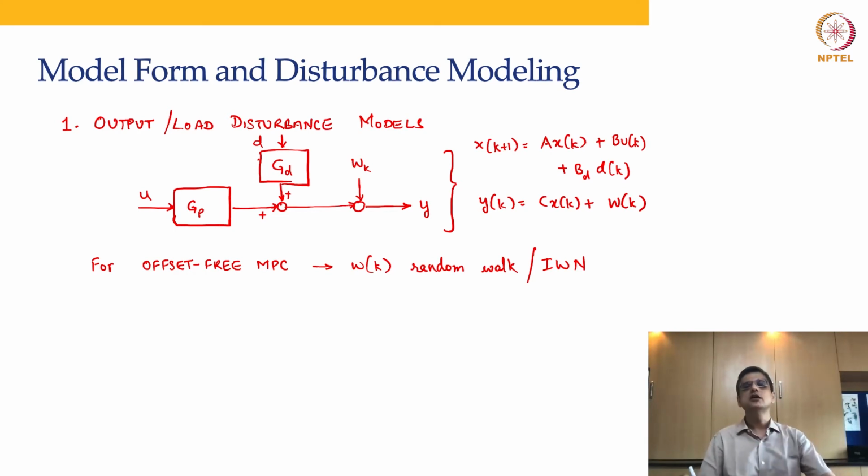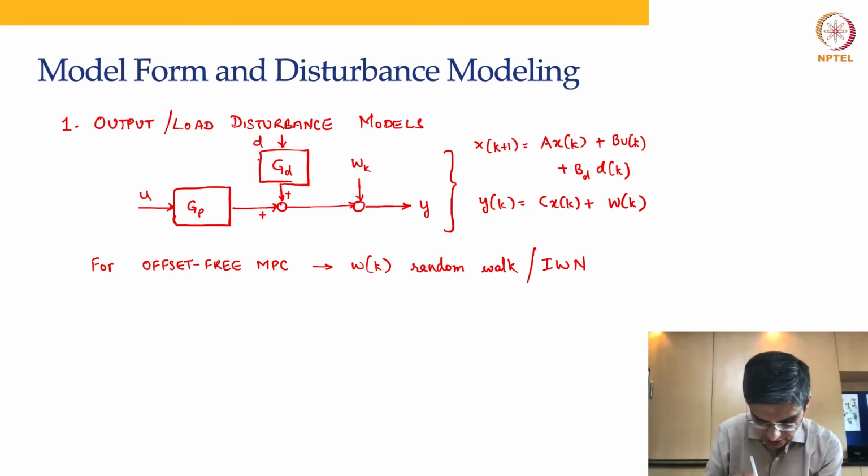So that is the genesis of how we started attacking problems like this. Okay, now one of the issues with using a load disturbance model is that you do not get any feed forward information. Why? Because the load disturbance is acting right at the end. It does not go through any of the processes.